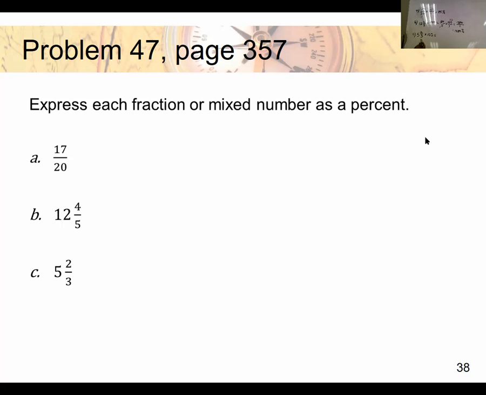So I know 5 times 3, that's 15 plus 2 is 17 over 3 times 100 over 1. So I'm going to have to multiply numerator times numerator and denominator times denominator. And move this over. So in this case here, 17 times 100, that's 1700 divided by 3 times 1, which is 3.